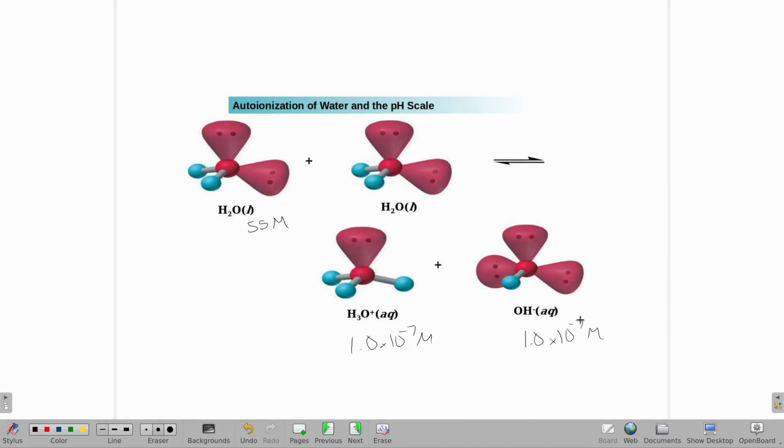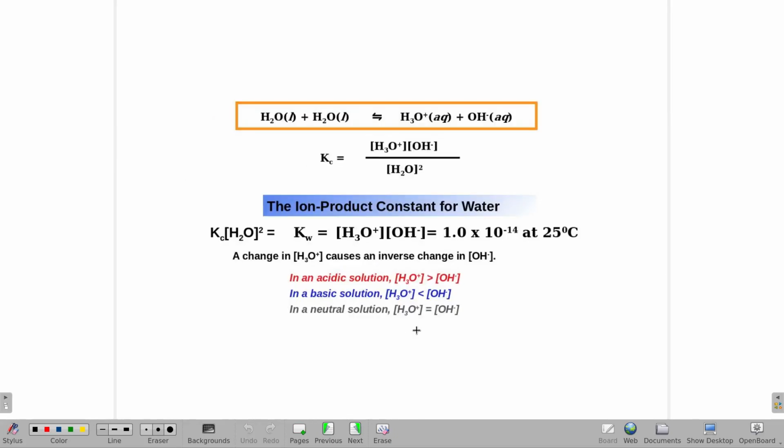Now that 7 should seem somewhat weird, because if you ever think about it, pH of neutral water is a pH of 7. That's where that comes from. That always happens in neutral water, that they actually exist. Matter of fact, it's such a repeatable process that we actually can turn that into a K. And if we plug those in at that 1 times 10 to the negative 7th and 1 times 10 to the negative 7th, we see that this equation is always equal to 1 times 10 to the negative 14th.